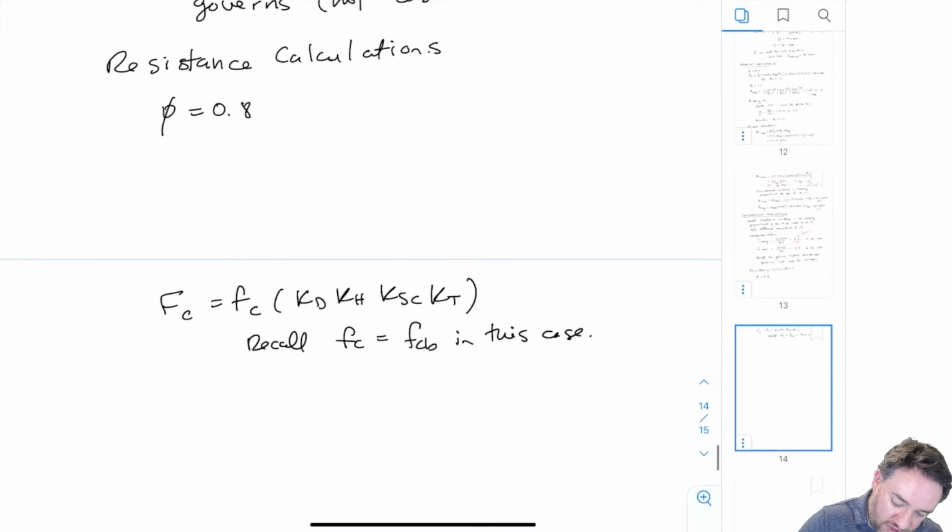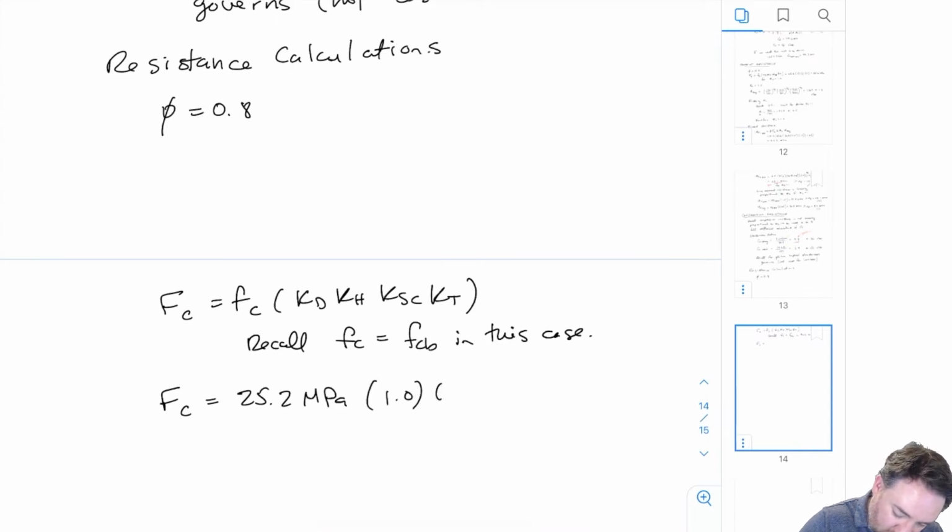Okay, so we're going to do this each time for standard term load. So standard term load, we have our FC is 25.2. Our KD is 1.0, and then we have 1, 1, 1, and we get 25.2.